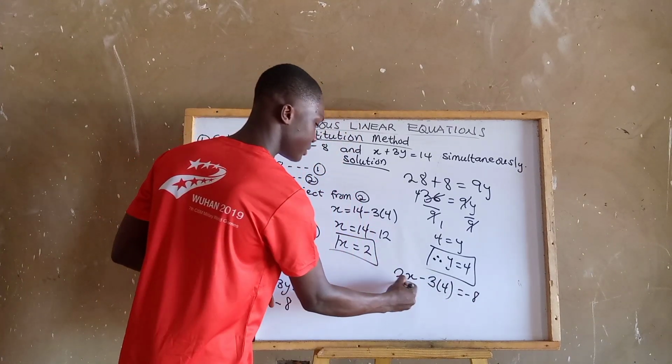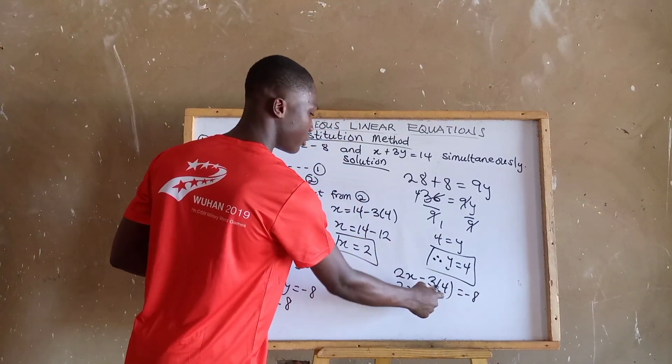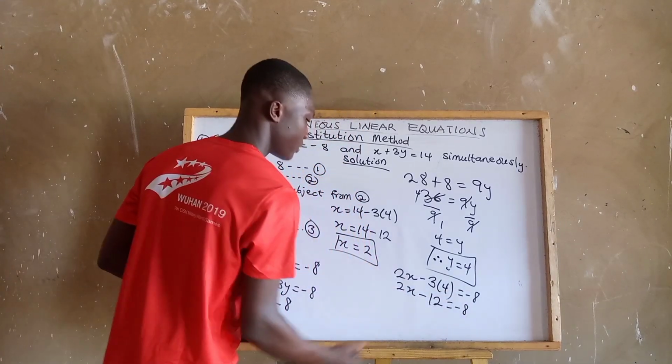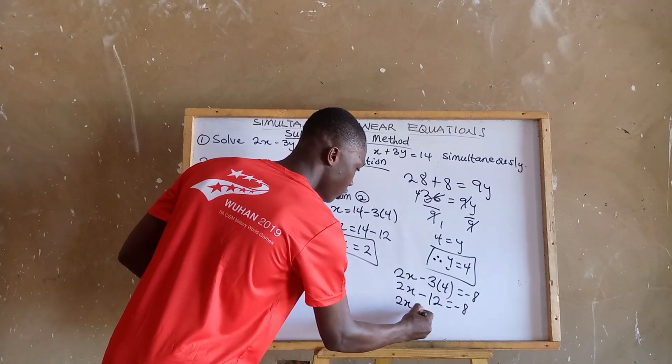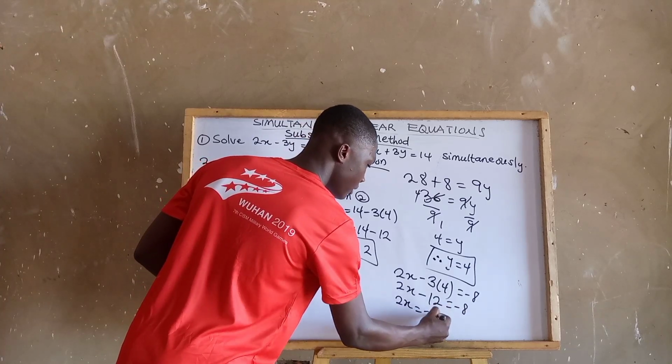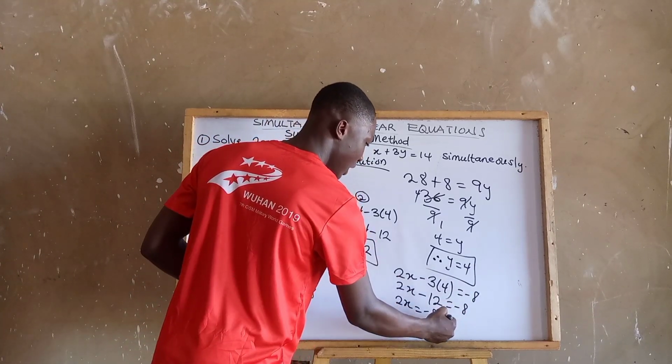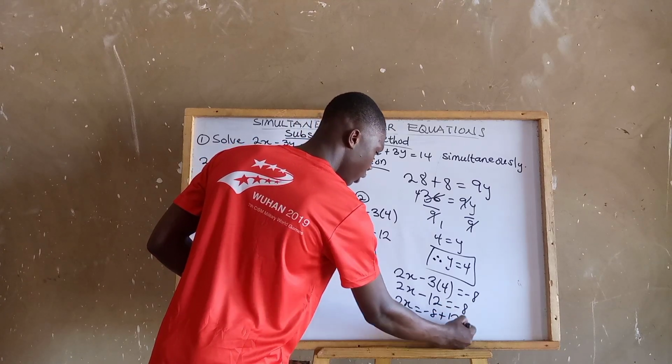So 2x minus 3 times 4 gives us 12, is equal to negative 8. Now 2x is equal to negative 8. When you transpose negative 12 to the right hand side, it becomes positive 12.